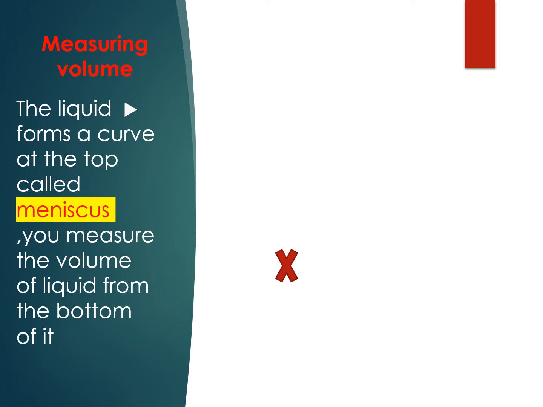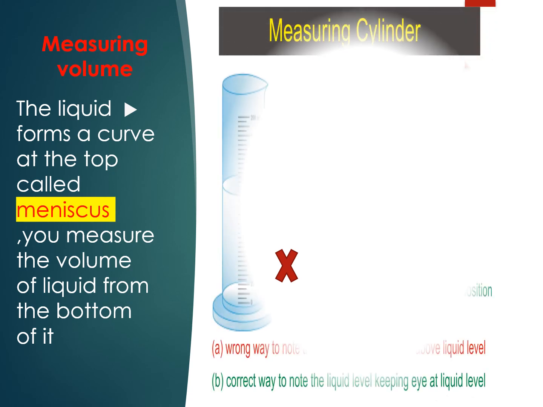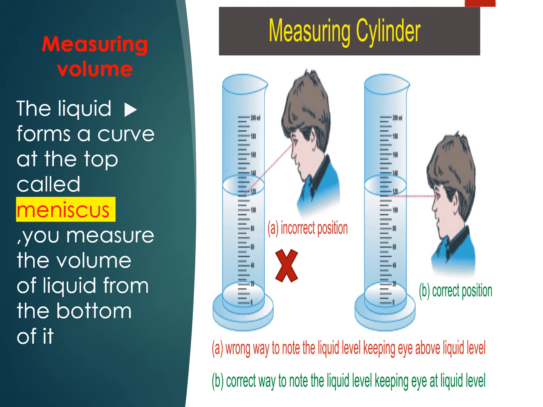First one is measuring volume. The liquid forms a curve at the top called the meniscus. You measure the volume of the liquid from the bottom of it. As you can see in this picture, the first one is wrong, an incorrect position, because you cannot look from this position.